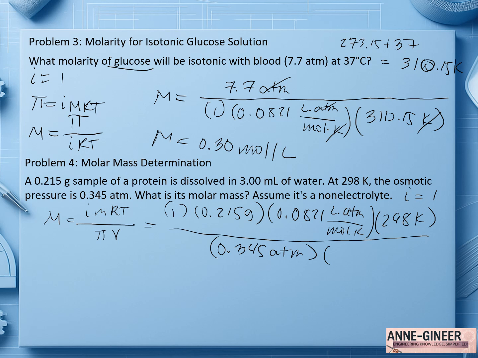Let's convert that to liters, so it should be 0.003 liters so that we can cancel the units. Let's cancel first what we can cancel. We will be left with gram per mole. So the molar mass should be 5.70 times 10 raised to 3 gram per mole.